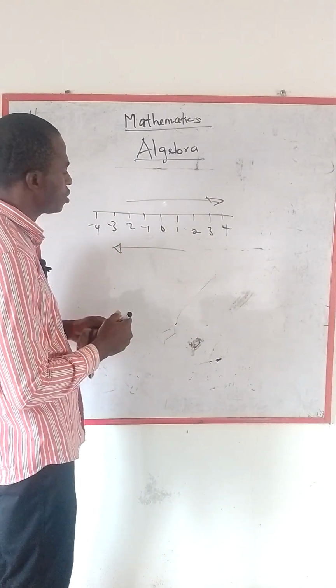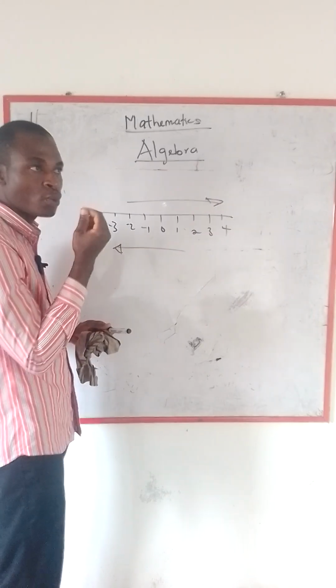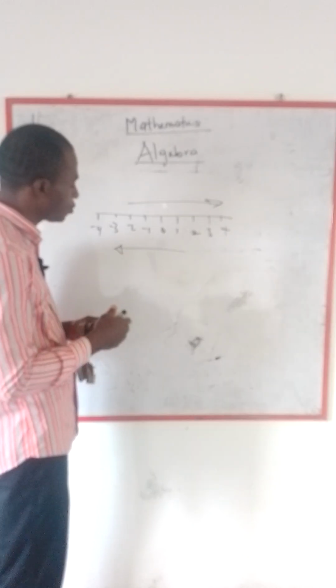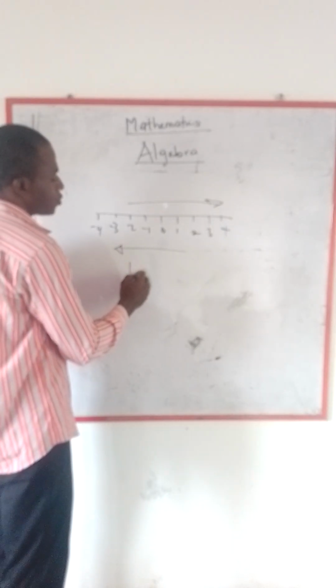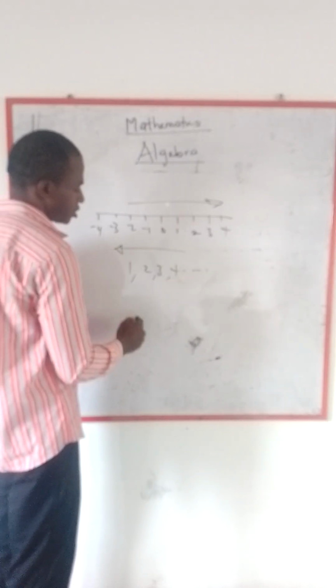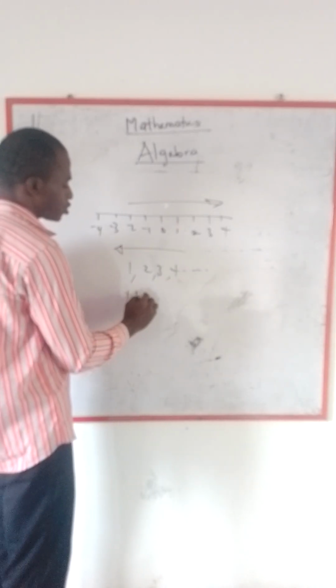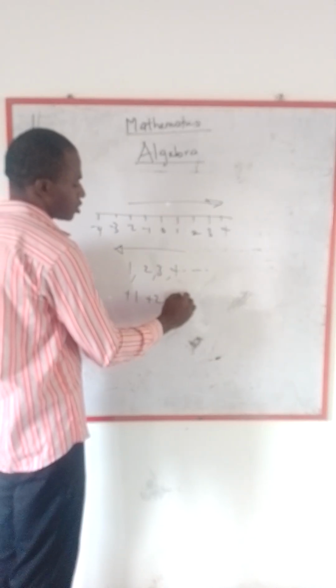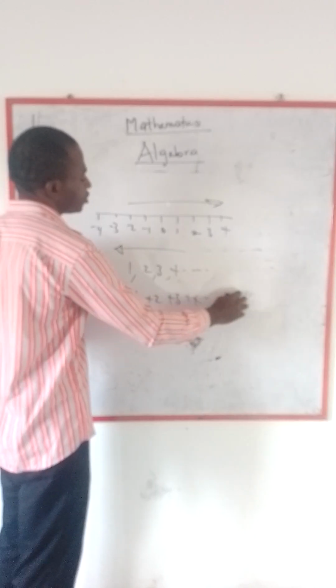Before I continue, I want to sound a note of warning for so many students who do not know that when we write 1, 2, 3, 4, as we go on and on to infinity, the meaning of this is simply plus 1. It also means plus 2, plus 3, plus 4, on and on like that.